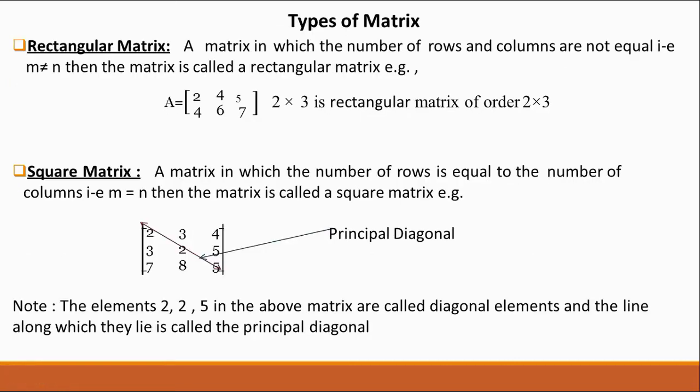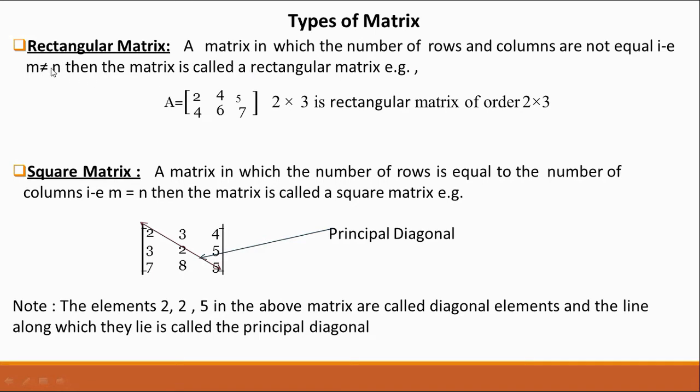Now some special types of matrix. Number 1, a rectangular matrix. What is a rectangular matrix? A matrix in which the number of rows and columns are not equal is called a rectangular matrix.